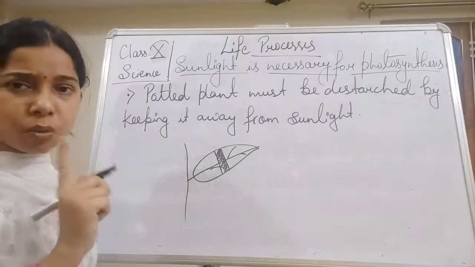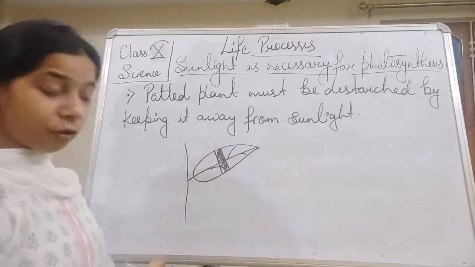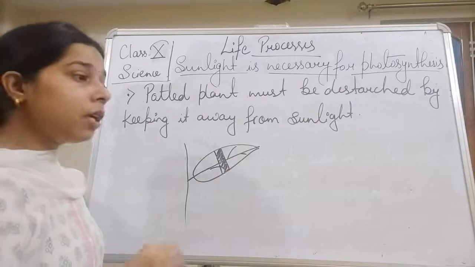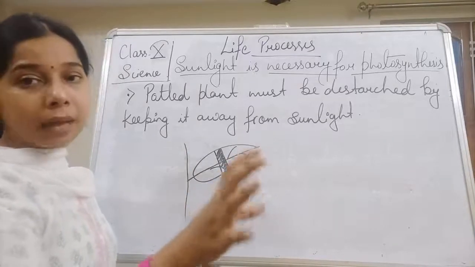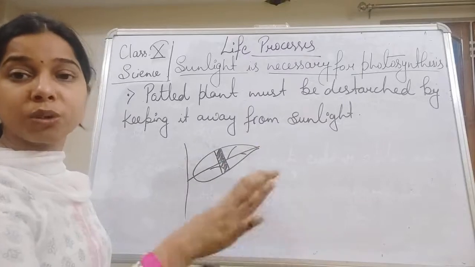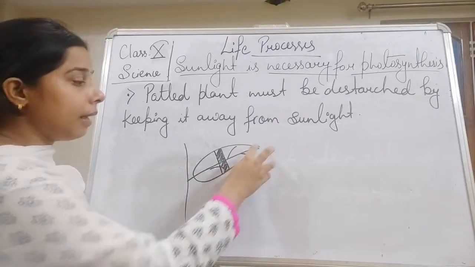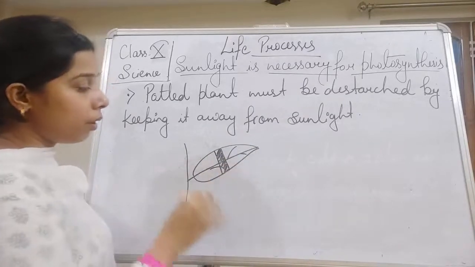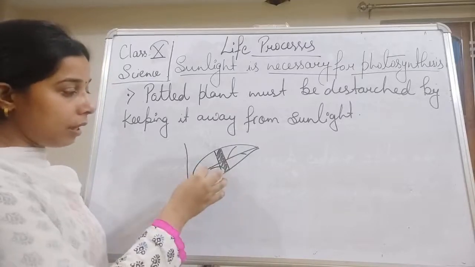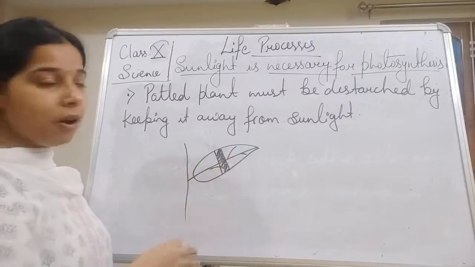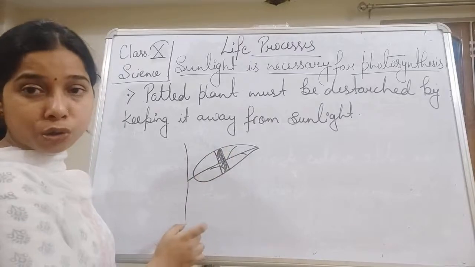So we have taken only one leaf for this experiment. We keep the plant in the closed room to de-starch it, and then we select a leaf and cover the middle portion with aluminium foil, students.